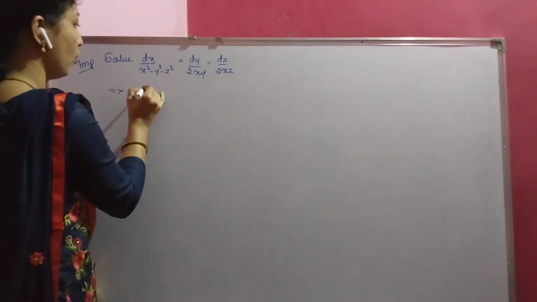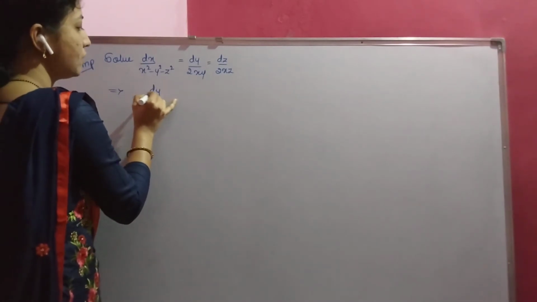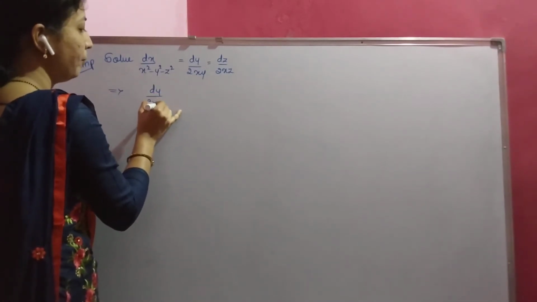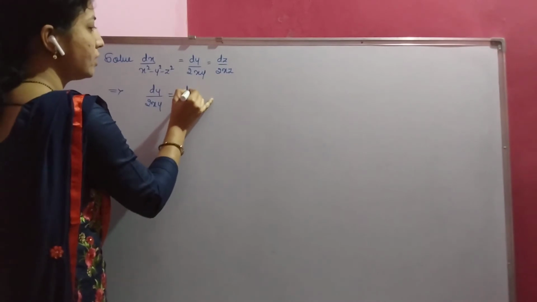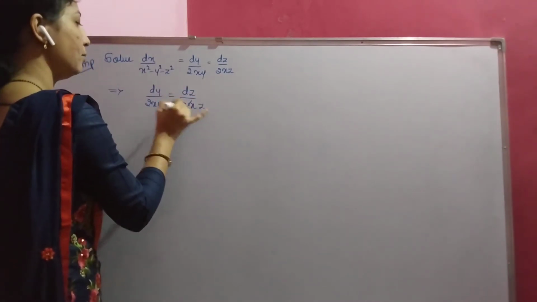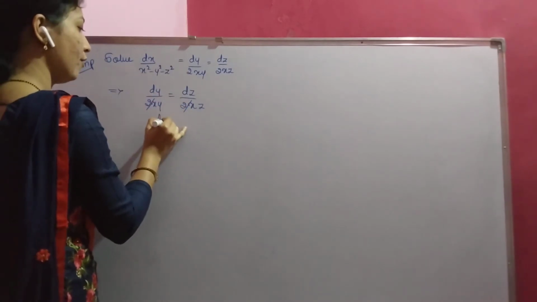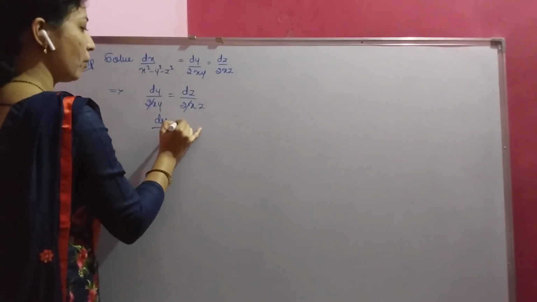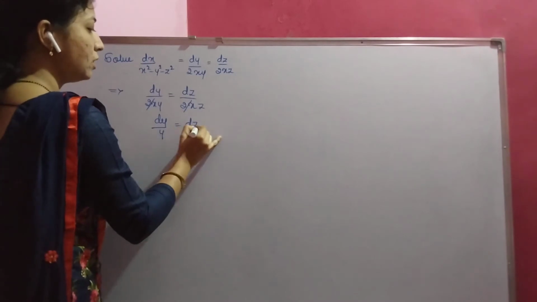Solution is, first we consider the terms dy upon 2xy is equal to dz upon 2xz. Here the term 2x gets cancelled, so we have dy upon y is equal to dz upon z.